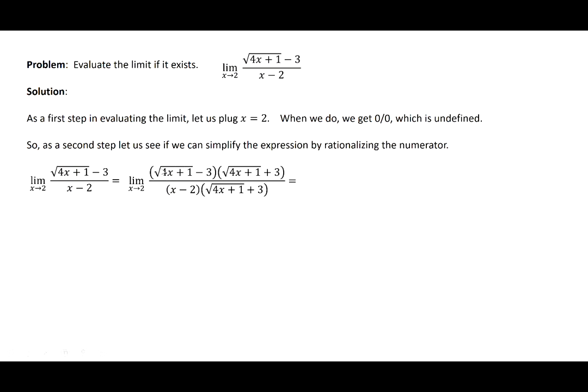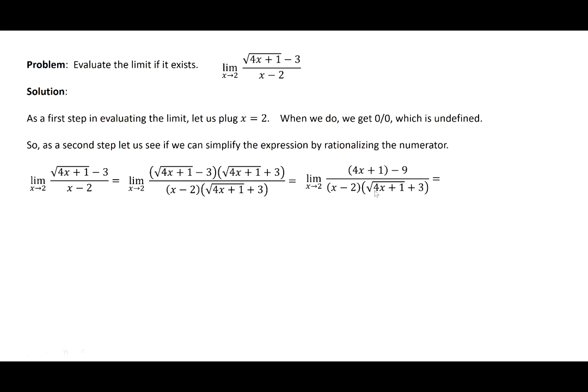So could we say this product is nothing but the square of this square root, which means the square root goes away, minus the square of the 3, which is 4x plus 1 minus 9 at the top, over the x minus 2 term. Okay, I don't know, man. That doesn't look any simpler at all.